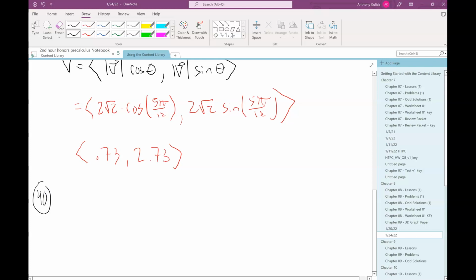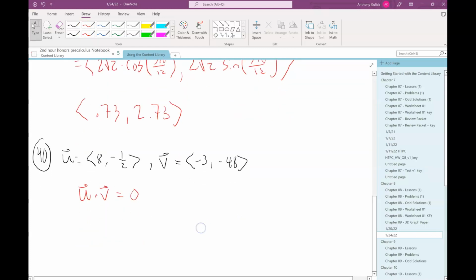Okay, so 40 says to show that the pair of vectors given are orthogonal. So all we need to do that is show that the dot product for those two vectors is 0. So again, it's the product of the x's plus the product of the y's.